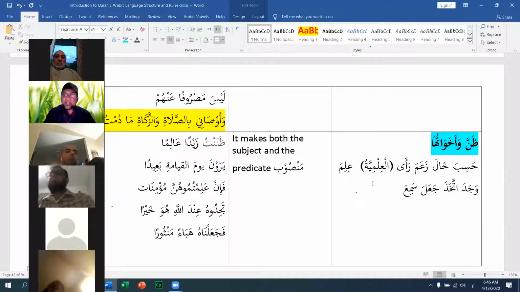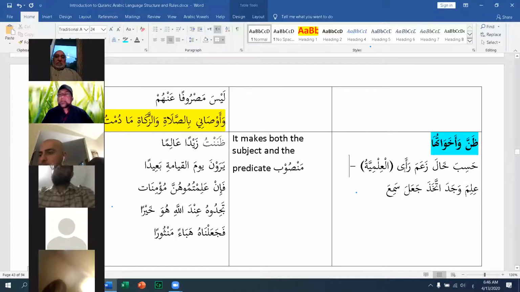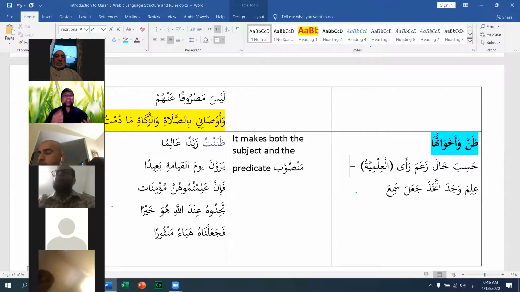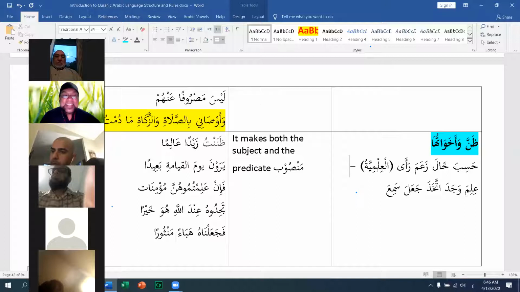What does it mean, ra'a al-ilmiya? Ra'a, when it's used to mean know. Ra'a means to see, but even in English, we use see to mean know. I see what you're saying. Don't we say that? I see that you're awake, meaning I know that you're awake. We don't really mean I see with my eyes. For example, somebody calls you up and says, I'm awake.